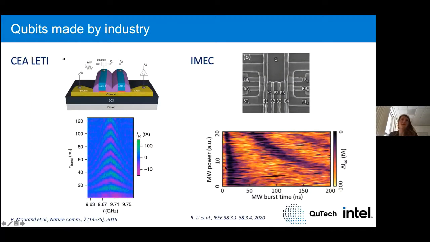There are also other companies that fabricate quantum dot samples in a 300mm wafer fab, so in an industrial fab, and make qubits of them. For example, CEA-Leti in France, and also IMEC in Belgium. You see they made quantum dot structures, and you see the qubits that they made. Nevertheless, their qubits are not single shot, so this is not scalable.